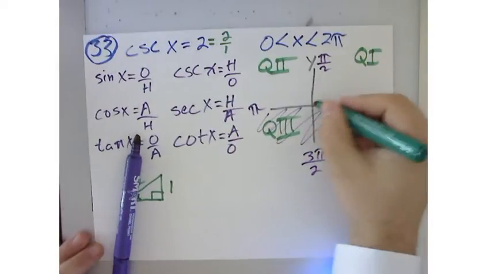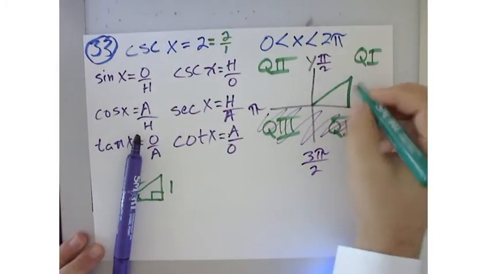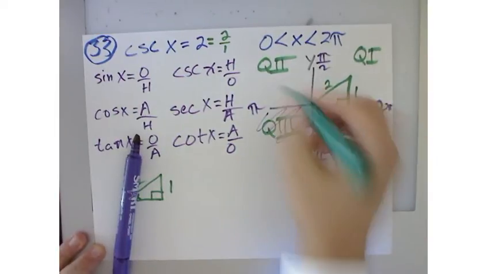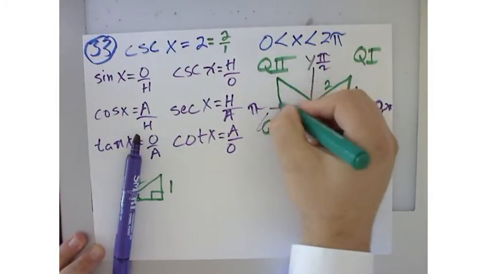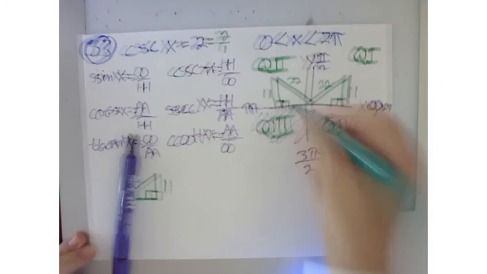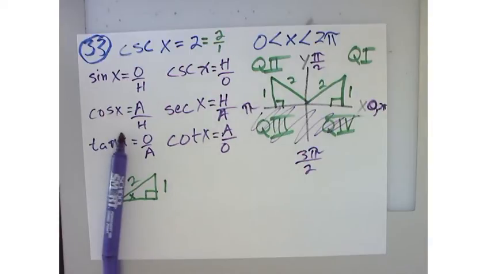I have this triangle here, which will have a radius of 2 and a y value of 1, and then another triangle here, which will also have a radius of 2 and a y value of 1. The other 2 triangles we could care less about. So now, how do I figure out what those angles are?